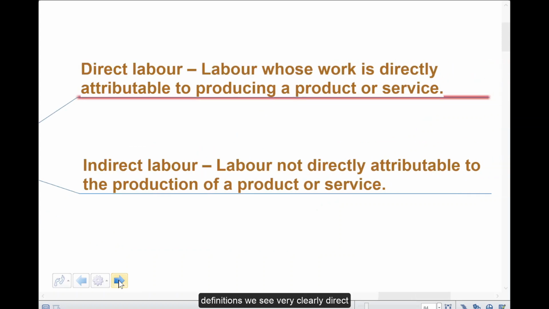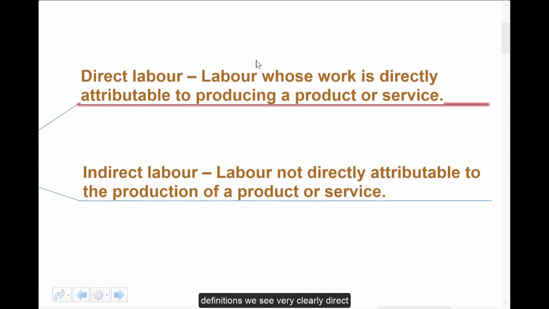In terms of definitions, we see very clearly direct labour: work directly attributable to producing a product or a service. We can attach this labour very easily, quickly, and simply to this particular product or that particular service.